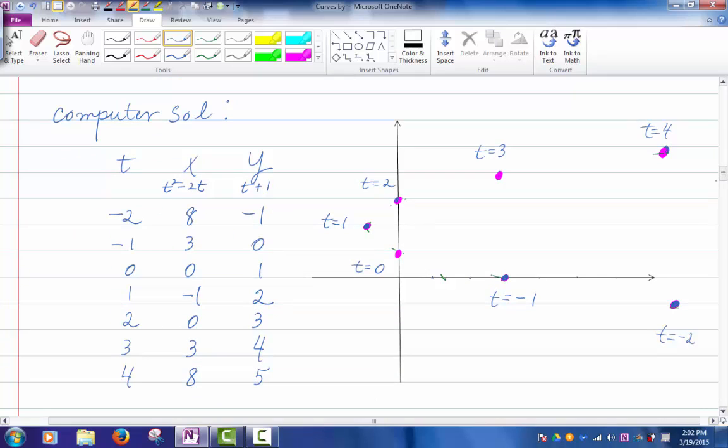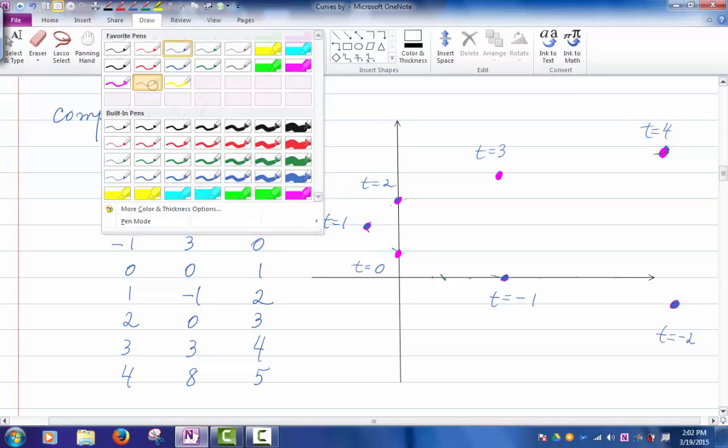So I see that. Let me just complete the graph here.